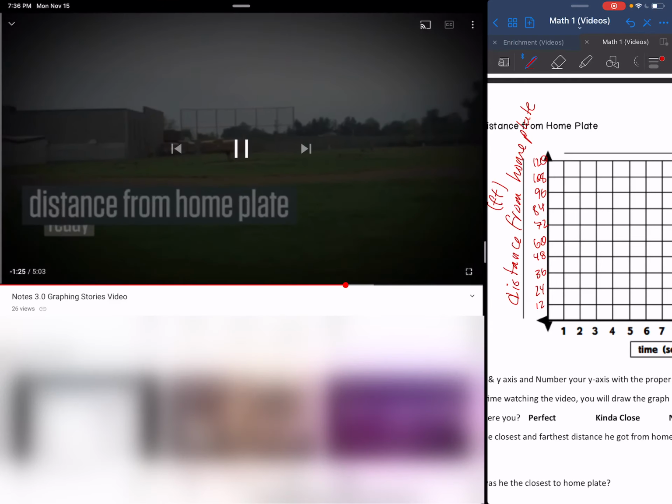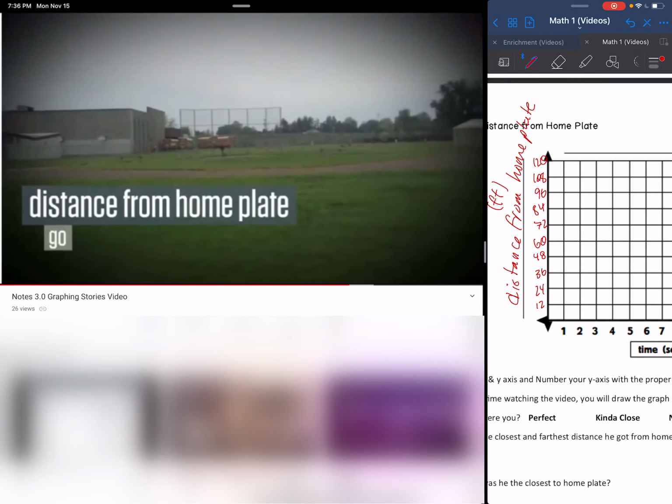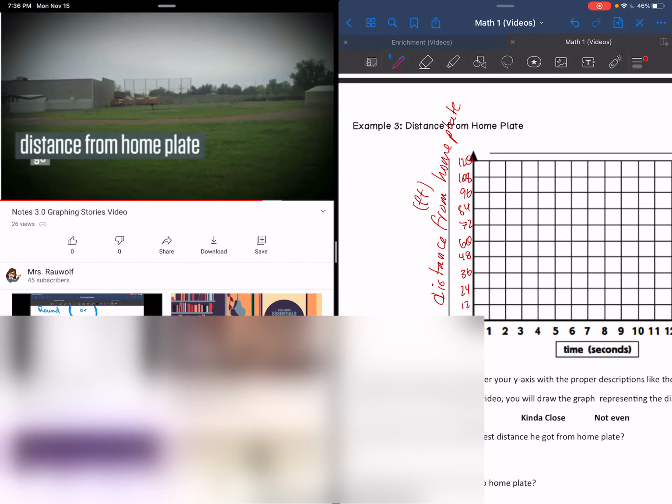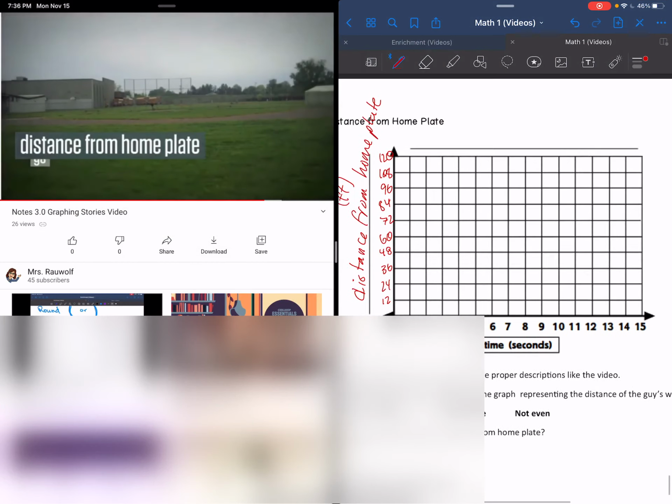And let's watch the video this first time. All right, the second time we're going to watch it at half speed, and he starts at home plate.